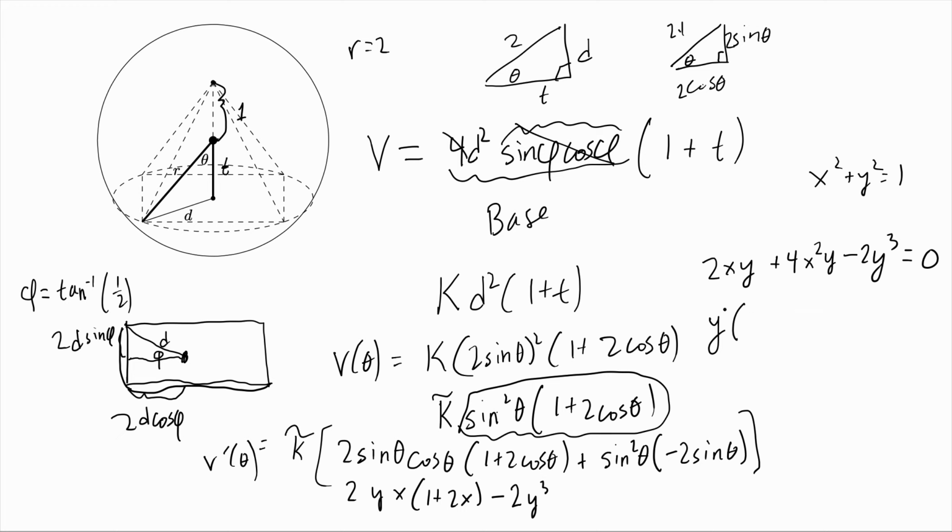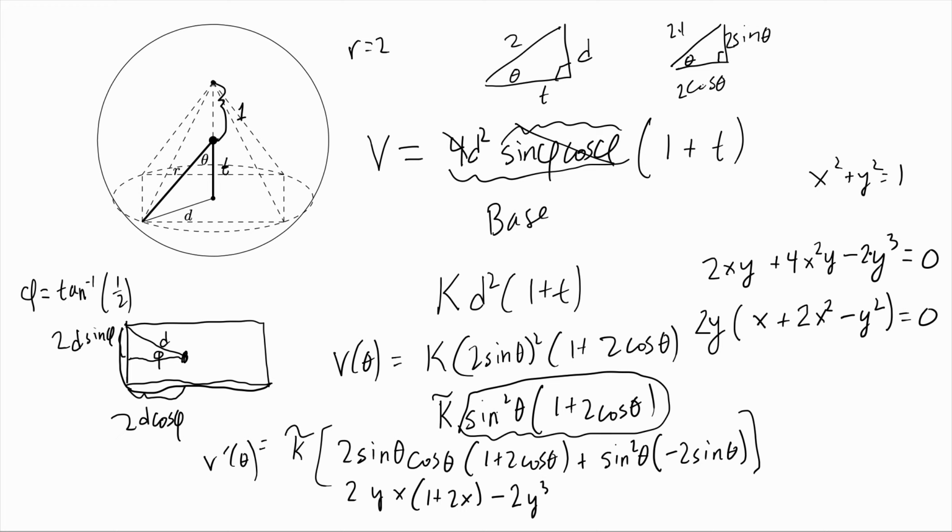Let's factor out the 2y, and we're left with x plus 2x squared, and then minus y squared equal to 0, right?